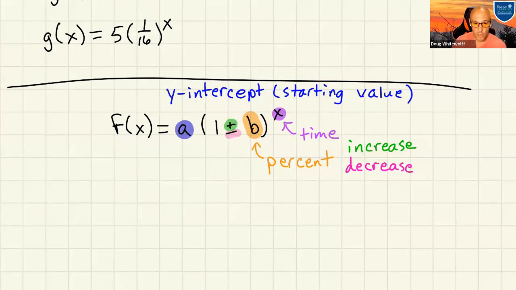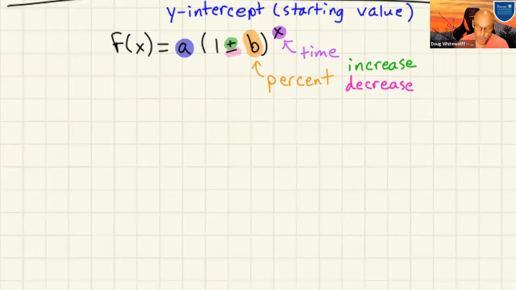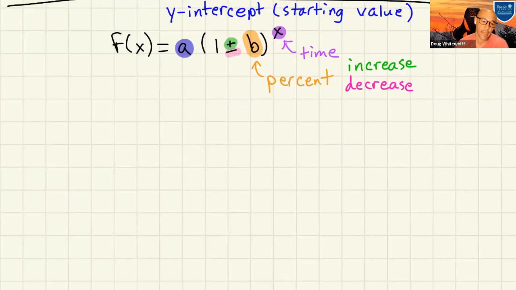Okay, so if we think about compound interest, in the curriculum in Buzz, for money, they use P for principal, that's the amount you start with, and R for interest rate.